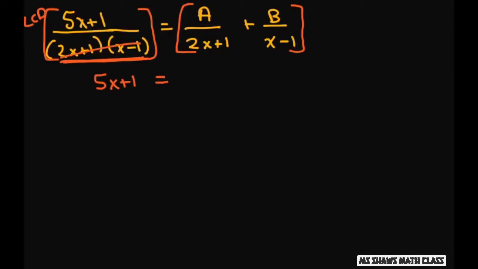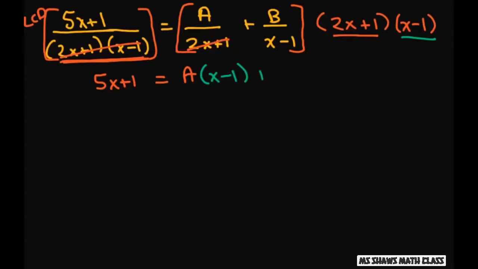If you multiply the right-hand side by our LCD, this will cancel out with this, so this is going to be a times x minus 1. And then for b, these two will cancel, so you multiply those two: b times 2x plus 1.